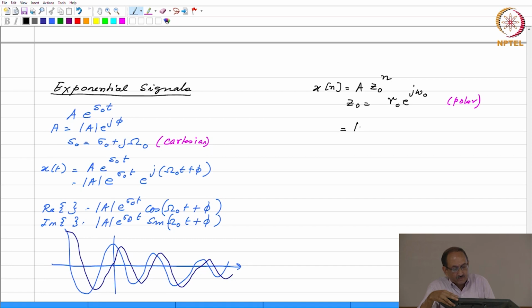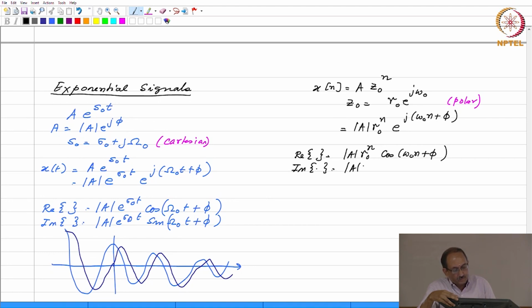So this becomes magnitude of A times r naught to the power n, e to the j omega naught n plus phi, and of course similarly the real part is cosine and the imaginary part is sine of omega naught n plus phi.